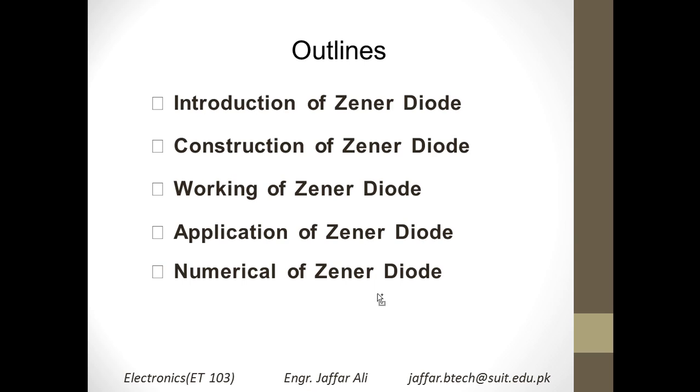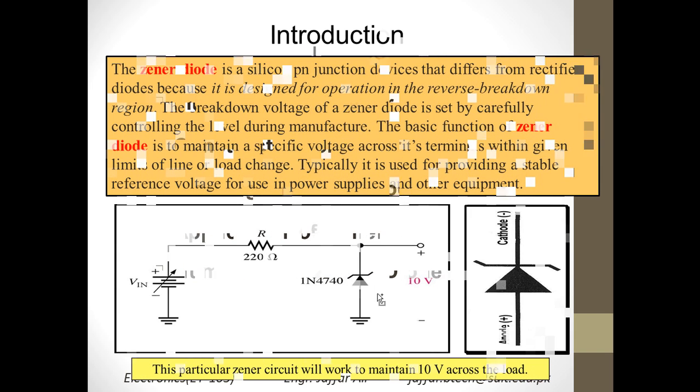Similarly, we will look at the working of the Zener diode, what makes it work in the reverse breakdown voltage, and later we will see the different applications of the Zener diode, how it's implemented in different circuits and electronic gadgets. And at the end of today's lecture we will cover some numericals about the Zener diode, so that the idea of its working becomes clear to you.